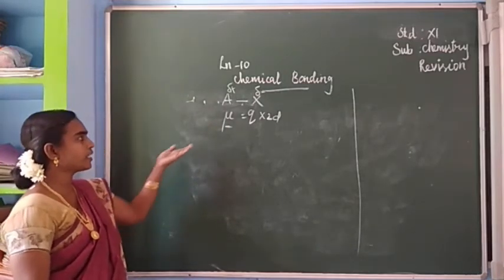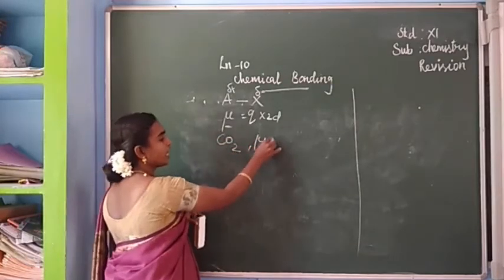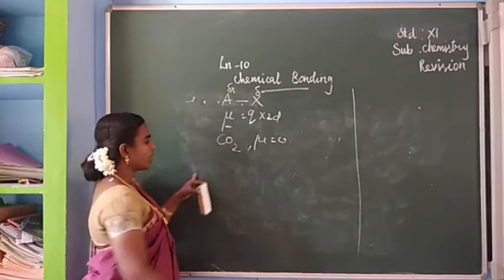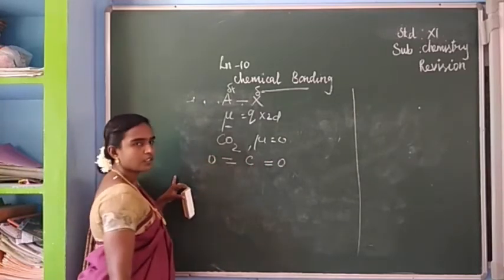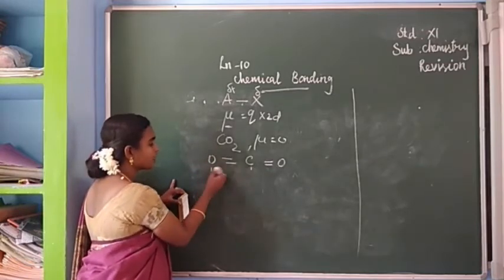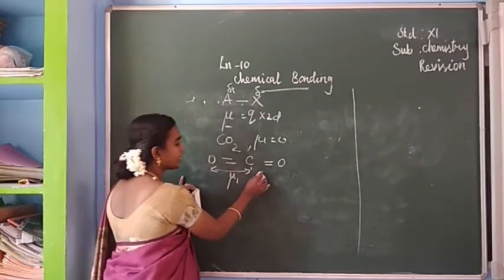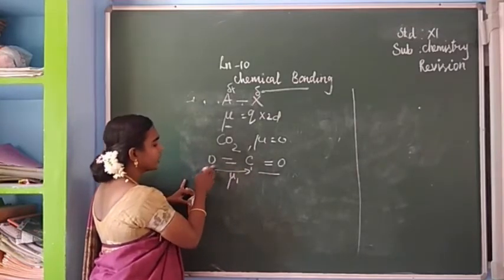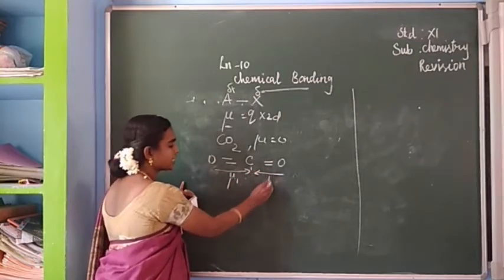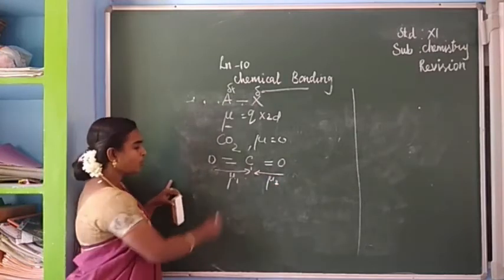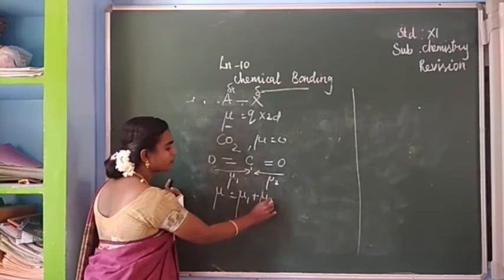Now we are going to see our question: for the carbon dioxide molecule, why is the dipole moment value 0? When you write the structure of carbon dioxide, it becomes like this. Consider the dipole moment from here to here, that is mu1. Here the dipole moment is in the opposite direction, that is mu2. So total dipole moment mu is equal to mu1 plus mu2.